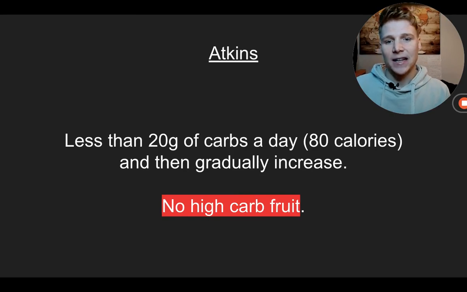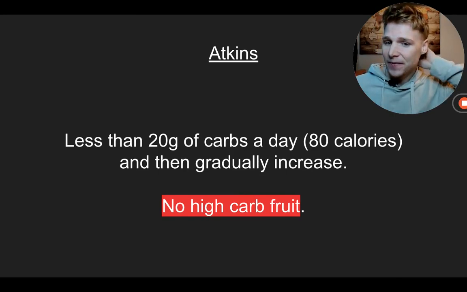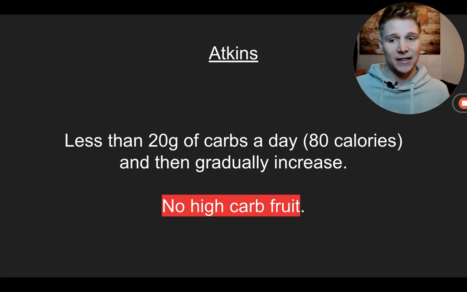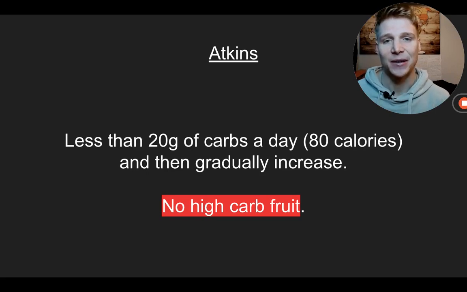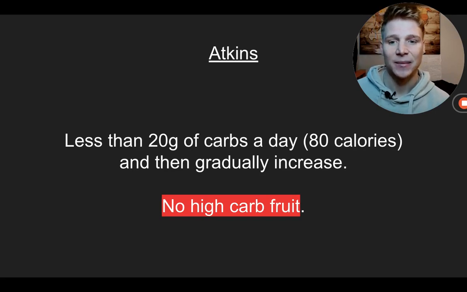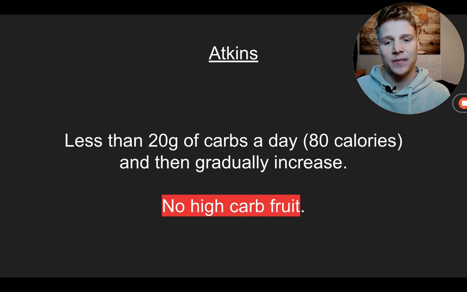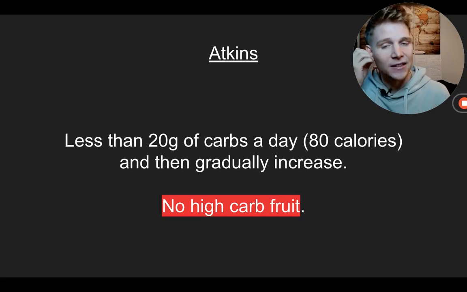So next we have the Atkins diet, and from my research, it's less than 20 grams of carbohydrates per day, which equates to roughly 80 calories, because there's 4 calories per 1 gram of carbohydrate. So you start with this amount, which is super low, and then you gradually increase it.